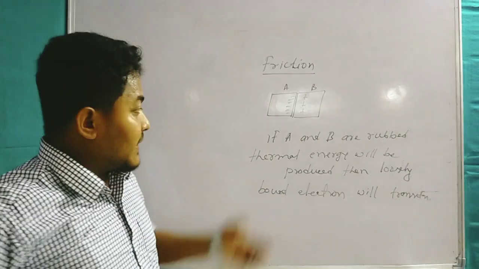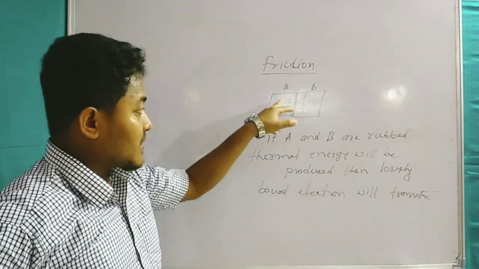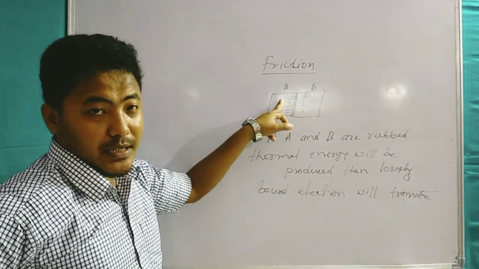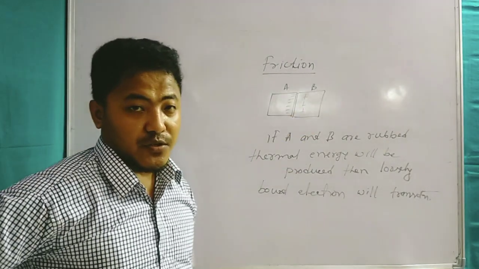Understand now? Then when you separate bodies A and B, one body will become negatively charged and the other body will remain positively charged.